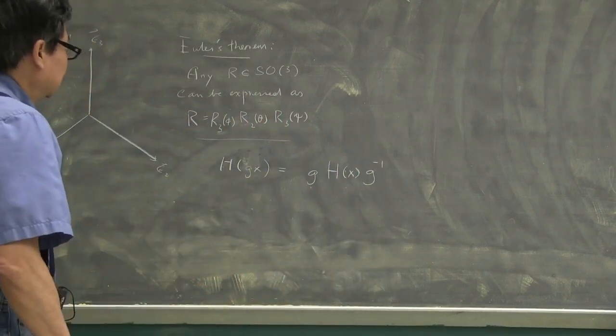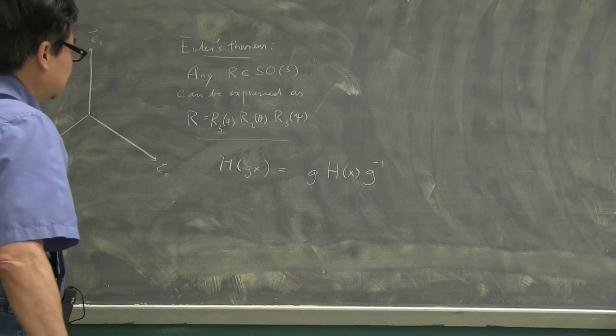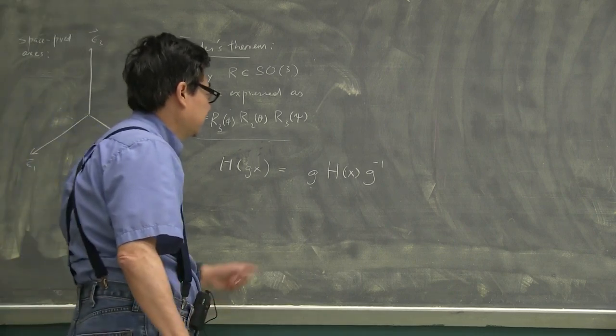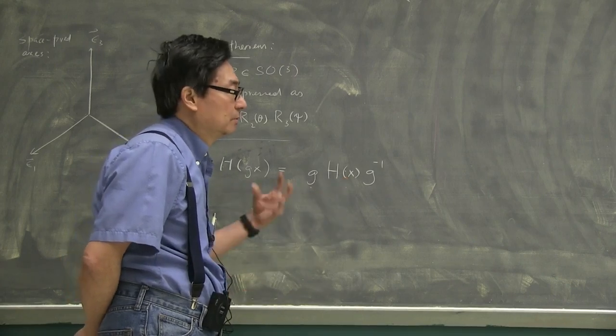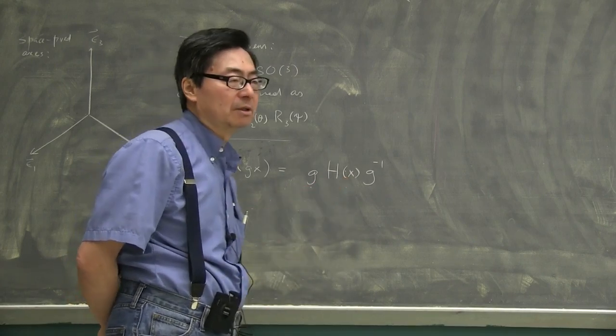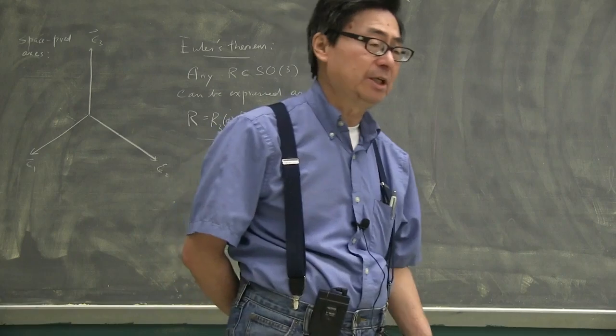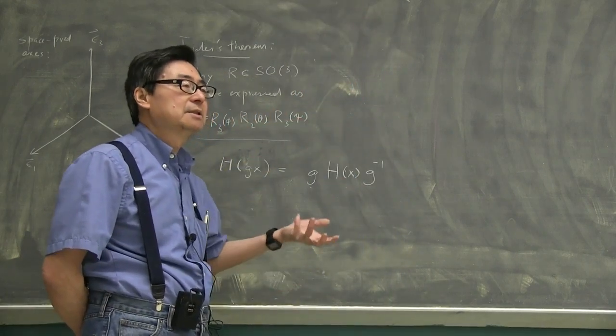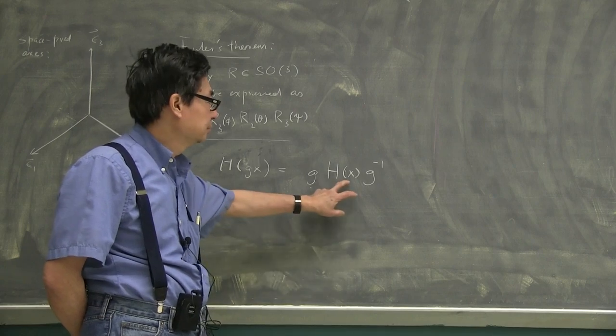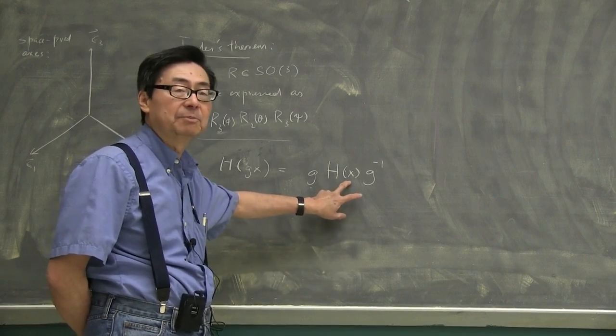Isotropy subgroups are always characterized in terms of a particular point in the manifold. The isotropy subgroup of SO3 corresponding to a particular point x in the sphere is the group of all those rotations which leave x invariant.